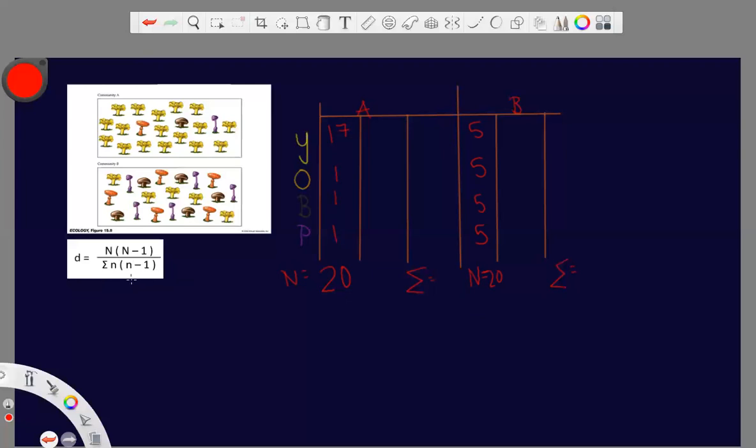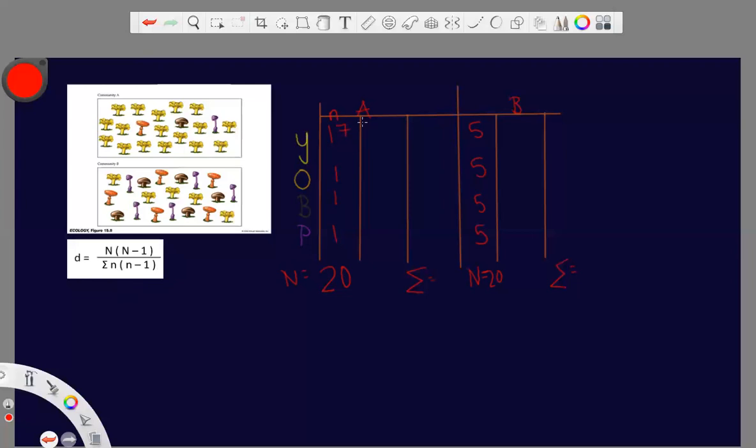Small n is the number of each individual species. So in community A, there are 17 yellow mushrooms. So that is small n. I should have been a bit more clear about that. This is small n.